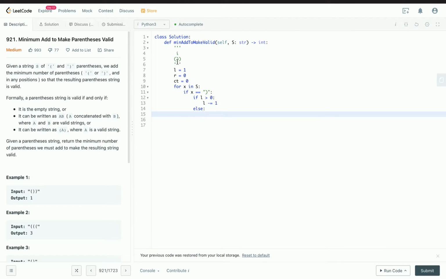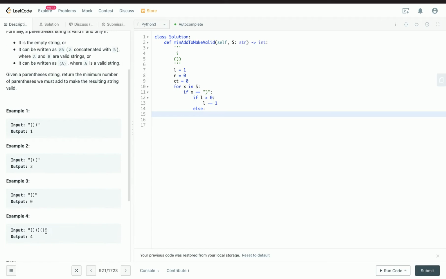Another scenario is that for example it's a right parenthesis and we have no left parentheses. Then we know at this point we have to increase our count by 1, because it is impossible to have a left parenthesis matching it, because at this point our left parenthesis count is 0, right?